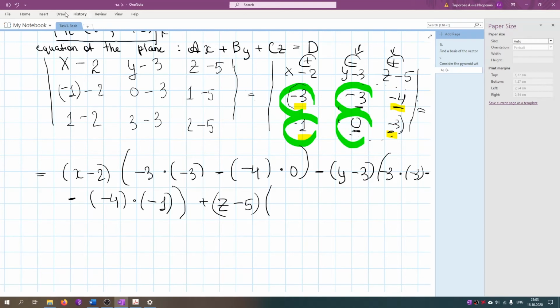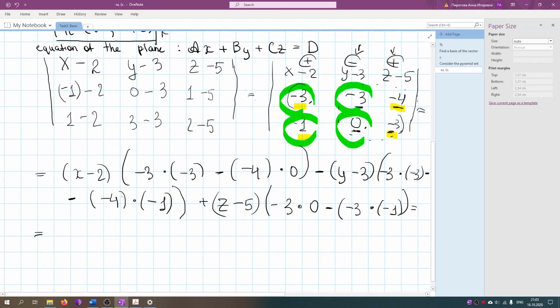So we have, again, minus 3 multiplied by 0. Minus 3 multiplied by 0. Minus 3 multiplied by minus 1. And close the brackets.